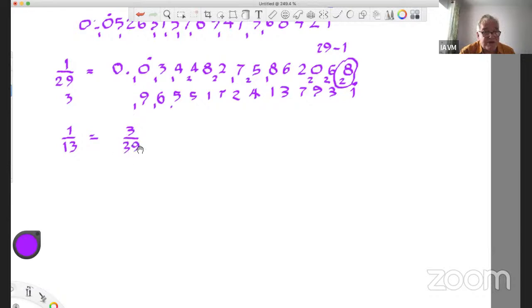And now we've got a situation in which the denominator ends in 9, or 1/7. Multiplying top and bottom by 7, we get 7 over 49. And we can use the same method to arrive at the answer.